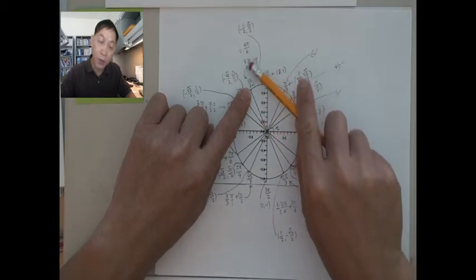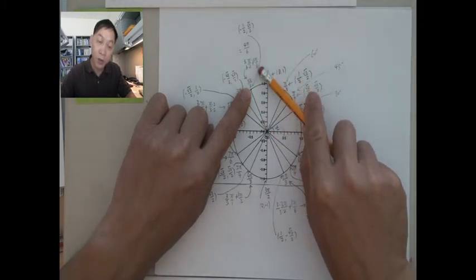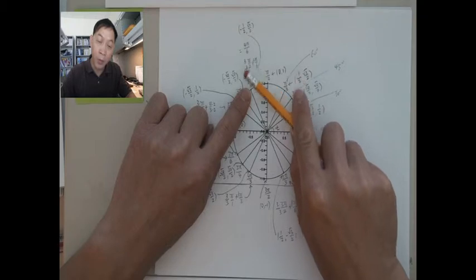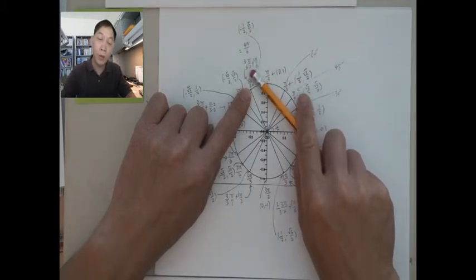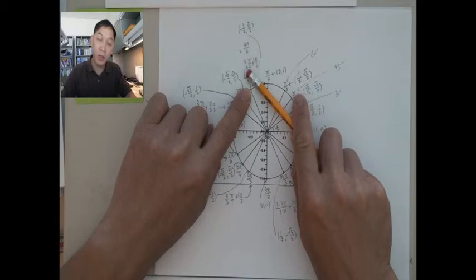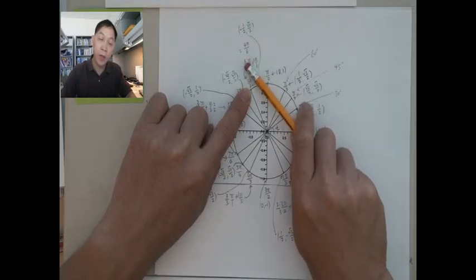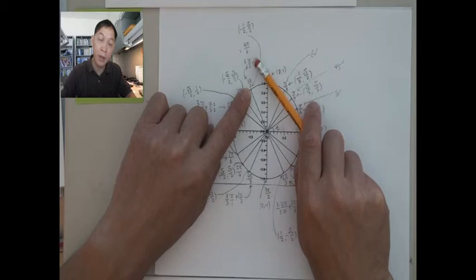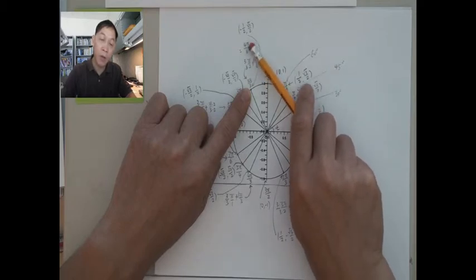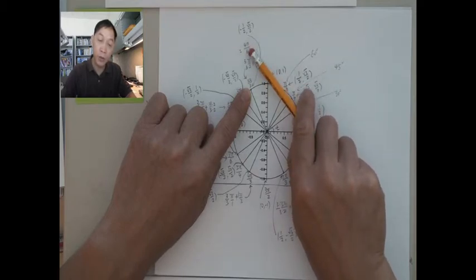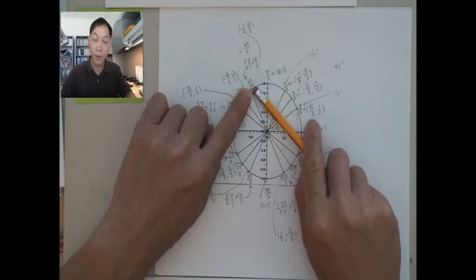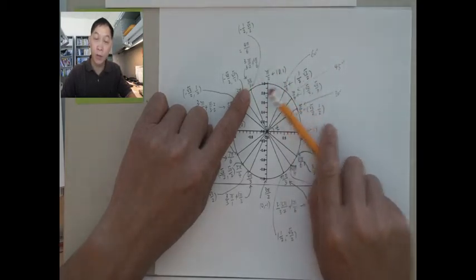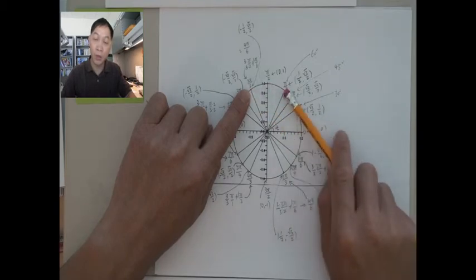Then pi/2 plus pi/6, you times 3 on both numerator and denominator. 2 times 3, you got 6. And upstairs 3 times pi plus 1 times pi. So you have 4 pi over 6. Okay, you reduce it, that's 2 pi over 3 down here. And those 2 points are symmetric.